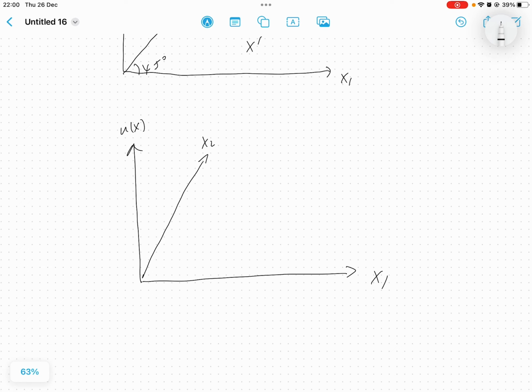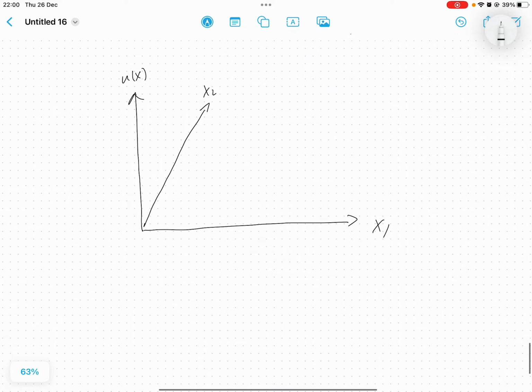What we are going to have, for example, as the utility function: a utility with 0 of x1 and 0 of x2 is 0 utility.